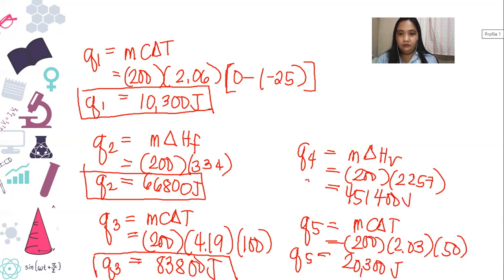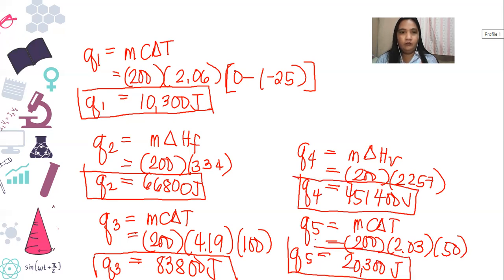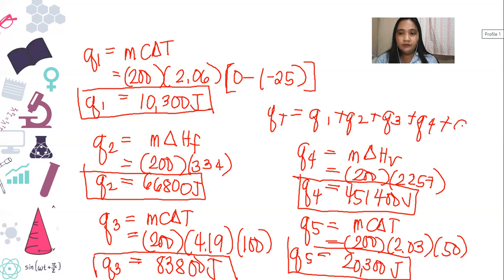So how do you get the total heat of the system? All you have to do is add them all up together. QT is equal to Q1 plus Q2 plus Q3 plus Q4 plus Q5.